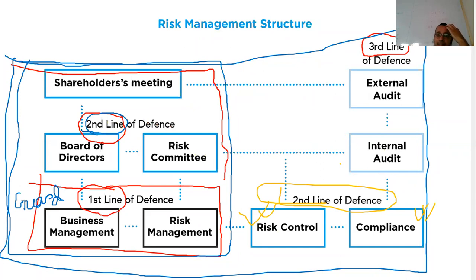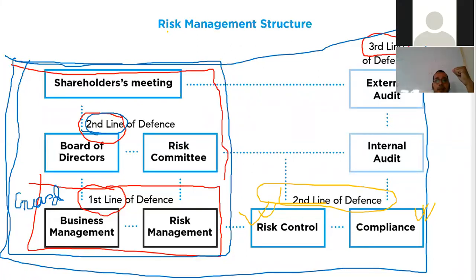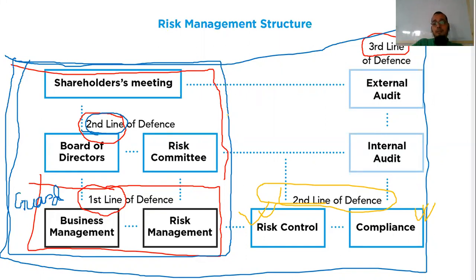The internal auditor usually checks the internal processes, that means how our businesses are going on. If there are any compliance issues or process issues, the internal auditor will check and ask for improvement. Okay, and then the third line of defense, which is employed by the shareholders in a shareholders meeting.